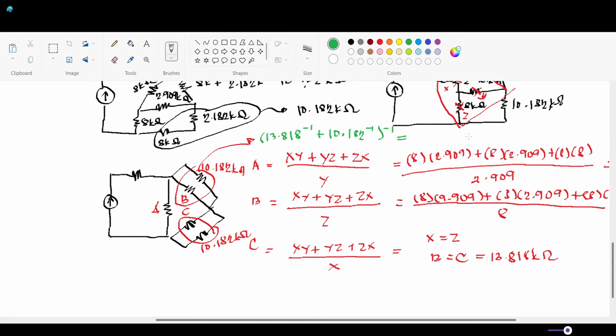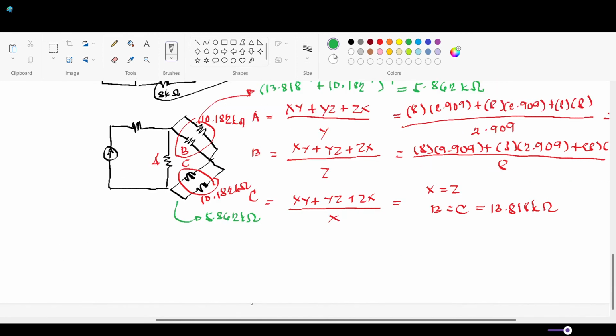Okay, so let's solve. This is now equal to 5.862 kilo ohms. This is also 5.862 kilo ohms.